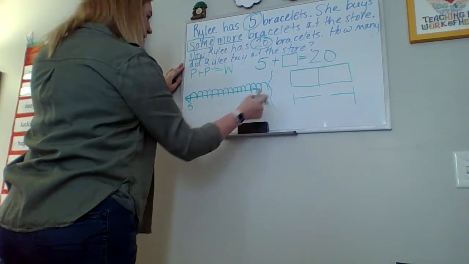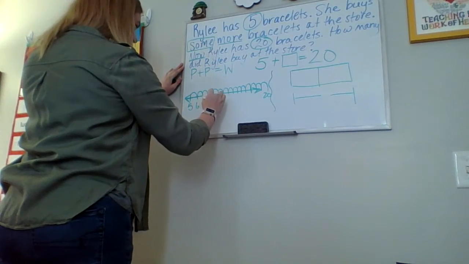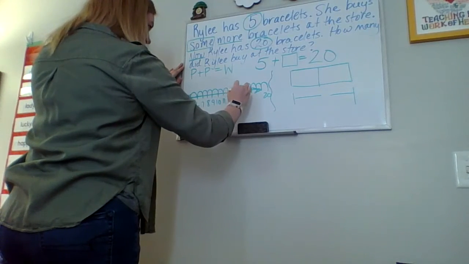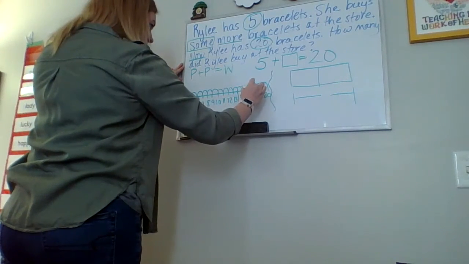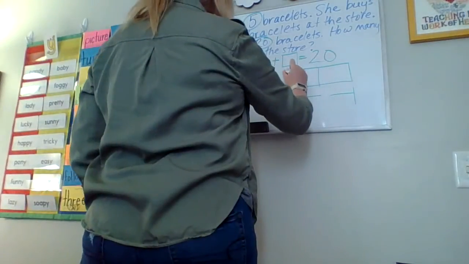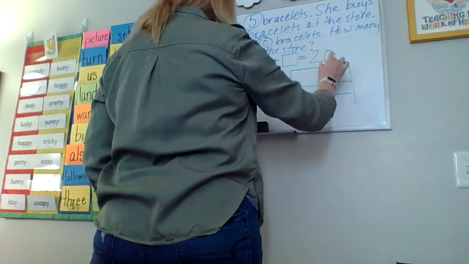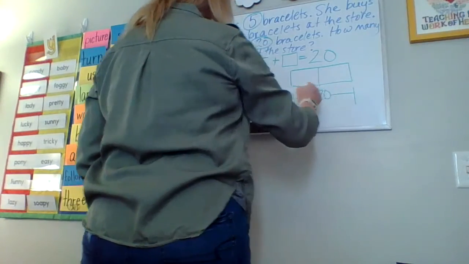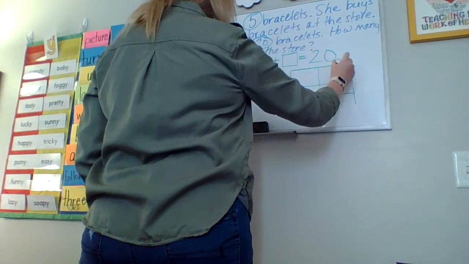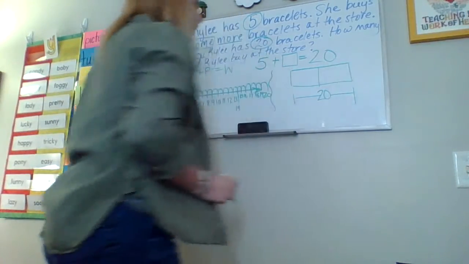I would count my hops. Then here, one of my parts is 5. 1, 2, 3, 4, 5. I don't know my other part, but I know my whole is 20. So I'm going to count from 5 up to 20, put 5 in my head. 6, 7, 8, 9, 10, 11, 12, 13, 14, 15, 16, 17, 18, 19, 20.